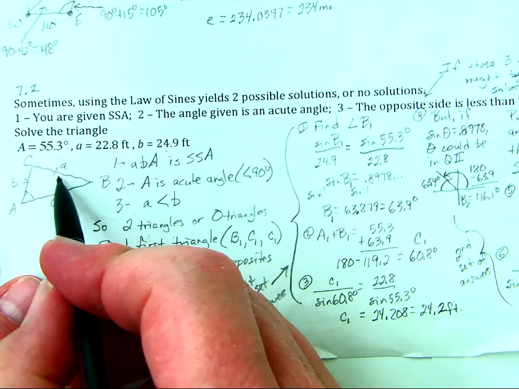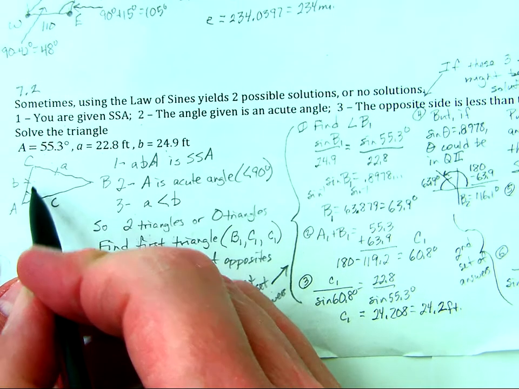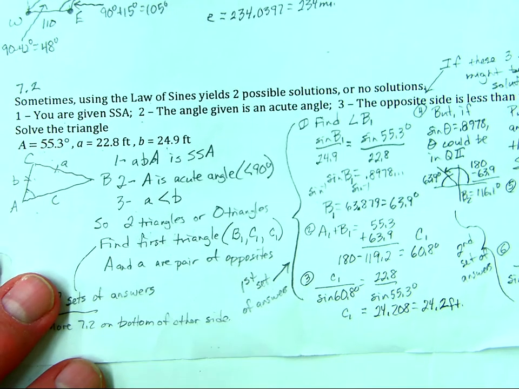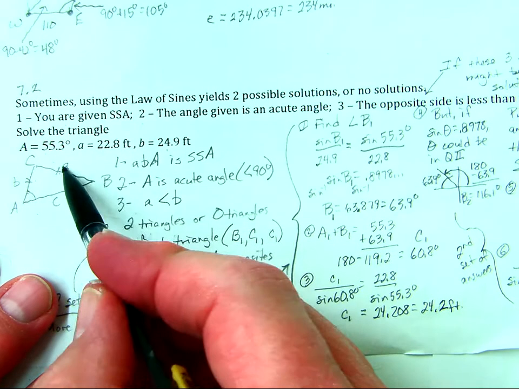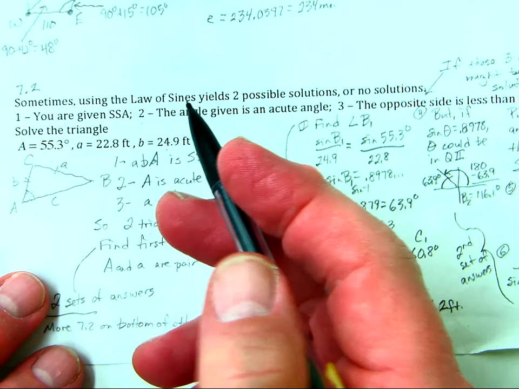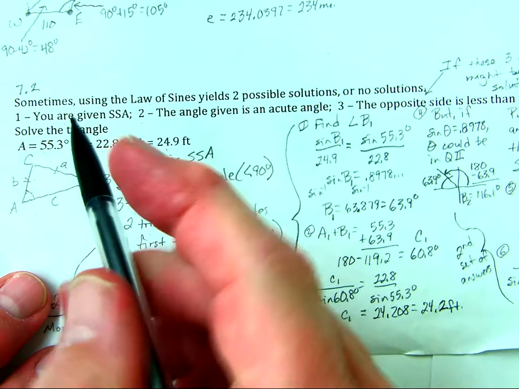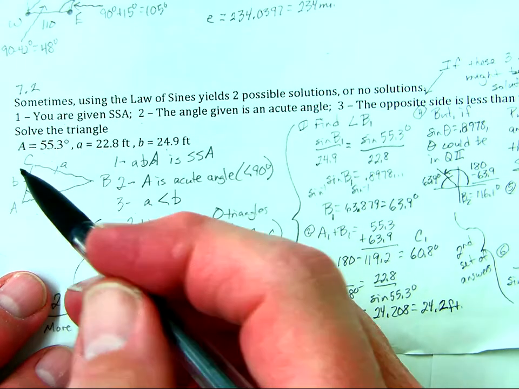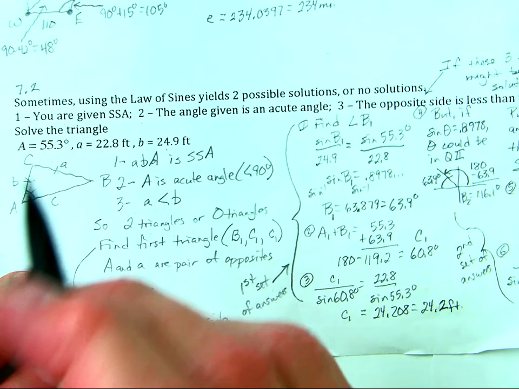That is side-angle. So we can use the law of sines because we have a pair of opposites. We're going to find a missing angle.